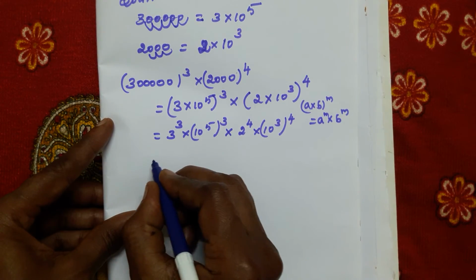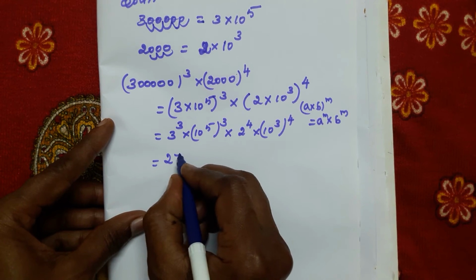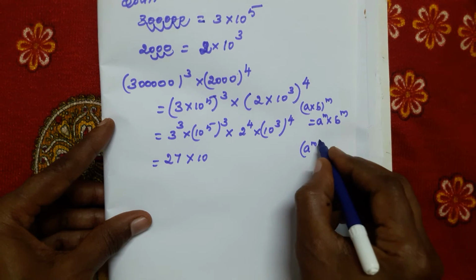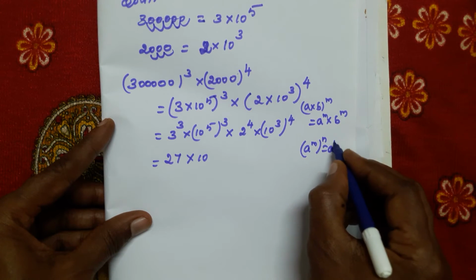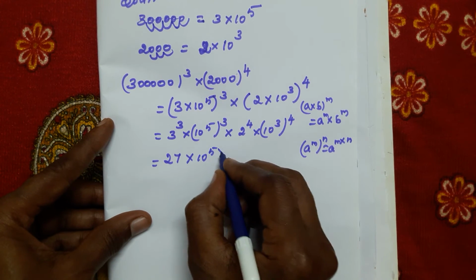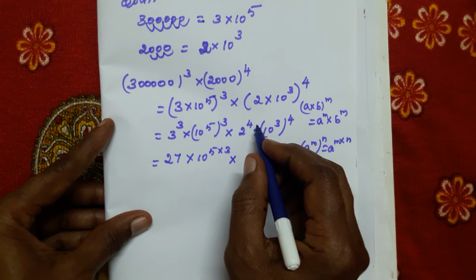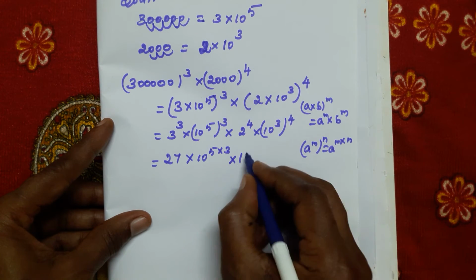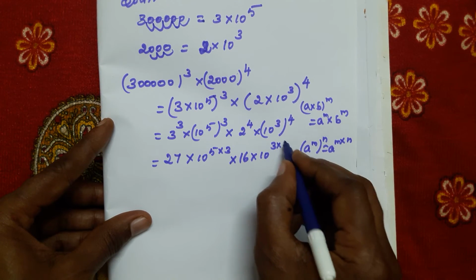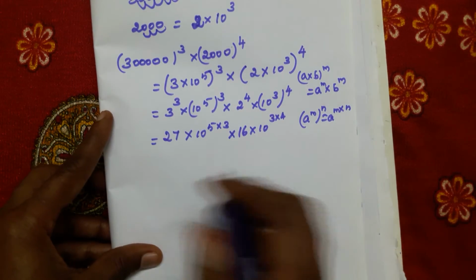Now, what is 3 power 3? 3 3s are 9, 9 3s are 27, into 10 power... (a^m)^n is equal to a^(mn). So we can write 10 power 5 into 3, into 2 power 4, which means 2 2s are 4, 4 4s are 16, into 10 power 3 into 4.